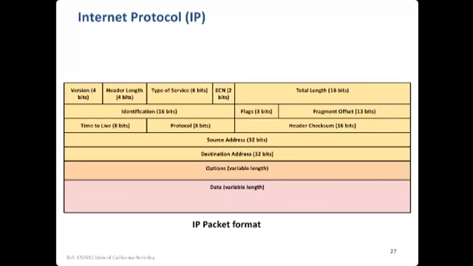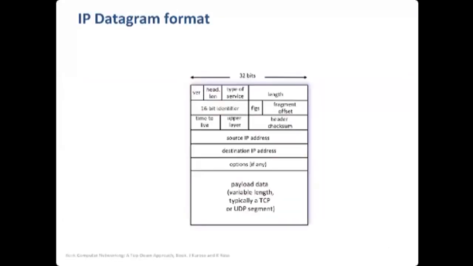Now there are various fields like version, header length, type of service, total length, identification, flag, fragment field, time to live, protocol, checksum, source address, destination address, and data. Three things are very important: source address and destination address, which are 32-bit in IPv4, and total length. The first is the version number, whether it's IPv4 or v6. Then the length of the header.